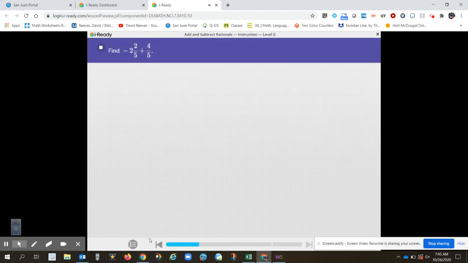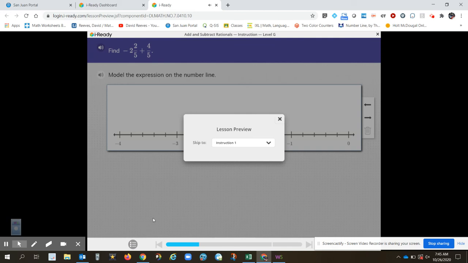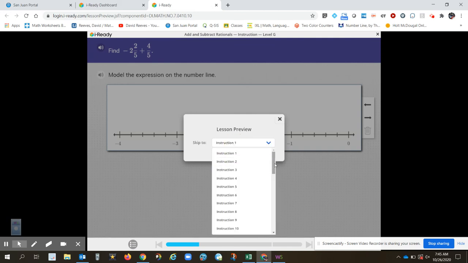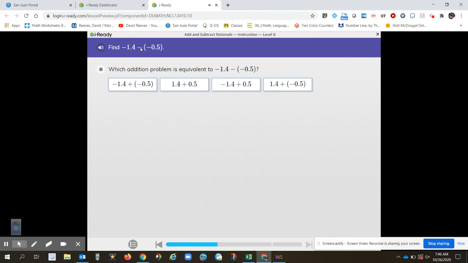I'm going to go ahead and skip over to a problem further over. So let's see here. Let's try to go maybe to 15. Let's see where we're at on 15. Okay, so now we have a decimal. Okay, so subtracting a negative, it says which addition problem is equivalent to it.